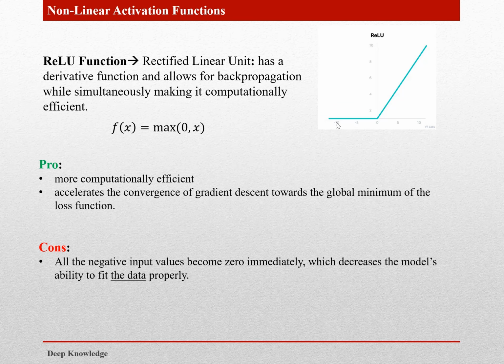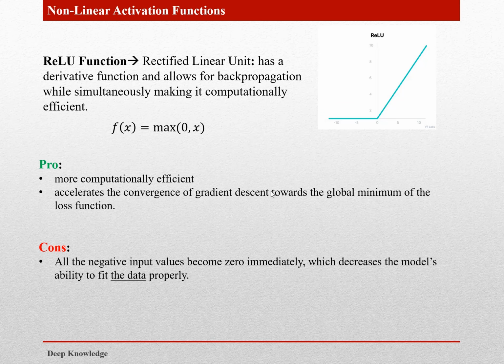So it's not important for the calculation, I will say. The advantage is that it's computationally efficient. It's just taking the maximum value, so there's no heavy calculation. And it converges to find the global minimum of the loss function.